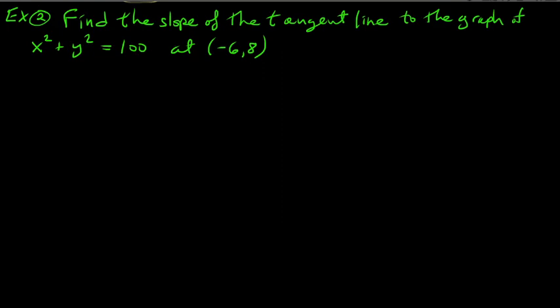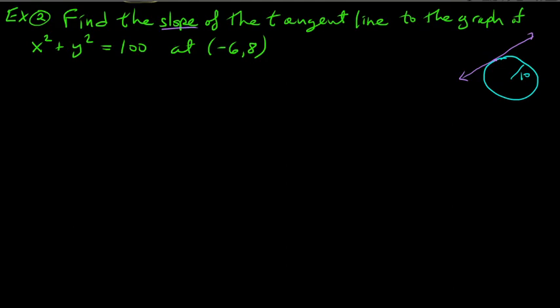Well, if you remember, the graph was a circle. So the graph looked like this. Again, the radius is 10. And at a given point on the graph, say this point right here, I think we wanted to find the equation of this line. In this case, we just want the slope.